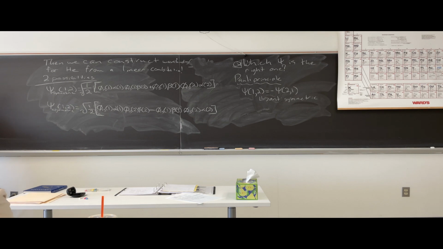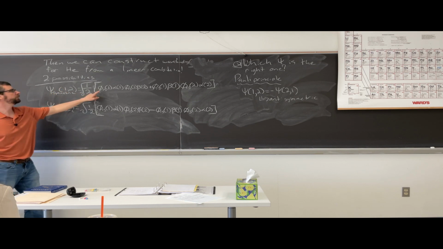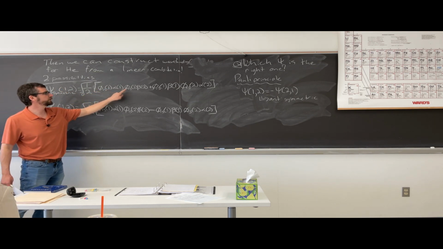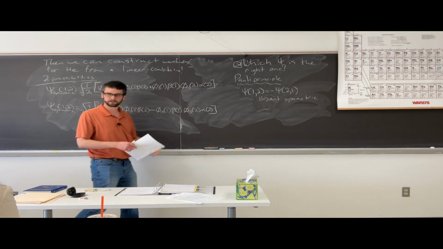Where would that be true? So if I switch these two labels, does it change the function at all? So swap it. 2 goes here, 1s go here, 2s go here, 1 goes here.